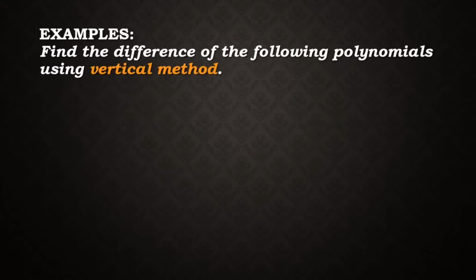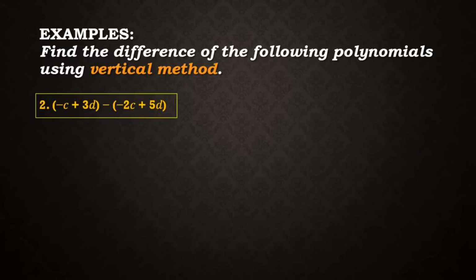For example number 2, let us subtract the quantity negative c plus 3d minus negative 2c plus 5d. Using the vertical method, let us align the similar terms or like terms. After that, we will copy our minuend, which is negative c plus 3d.